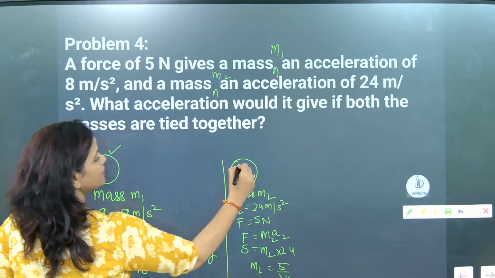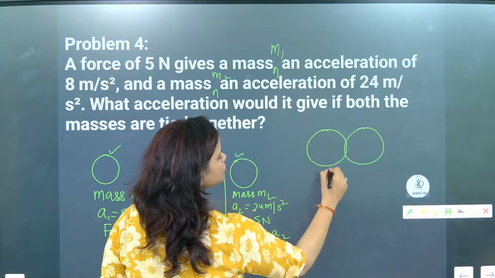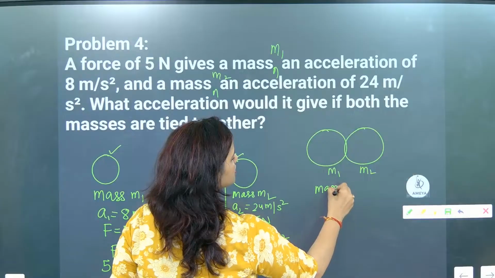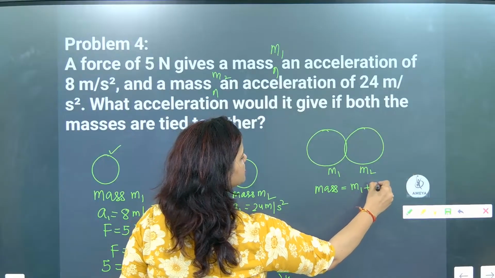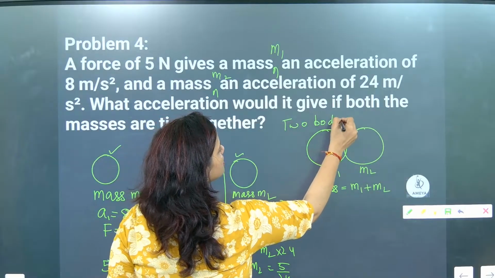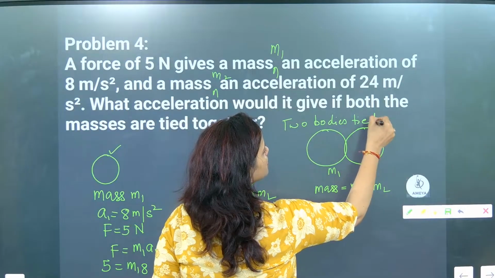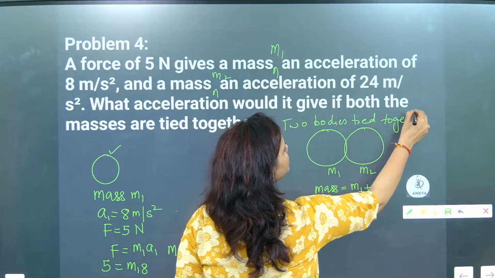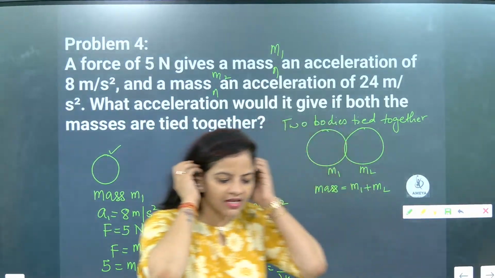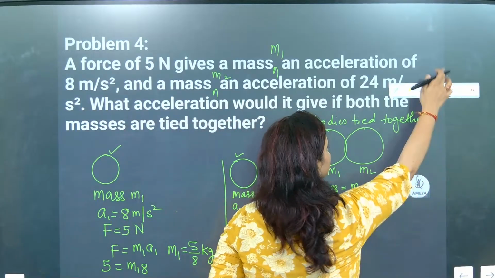Now this body and this body, they both are tied together. So here m1 and m2. What is the final mass? Mass will become m1 plus m2. When you are tying two bodies together, the mass is m1 plus m2, that is 5 by 8 plus 5 by 24.